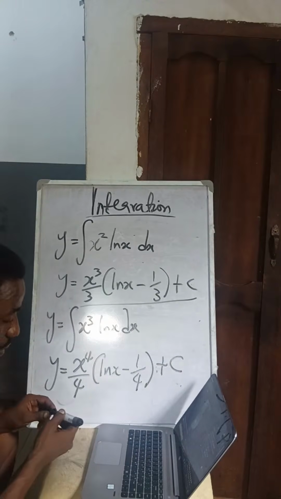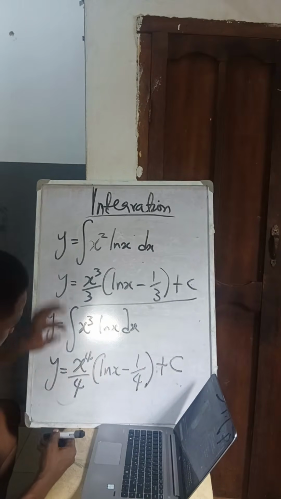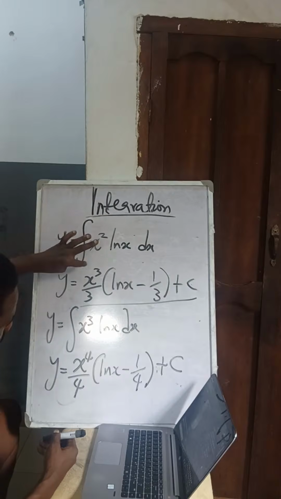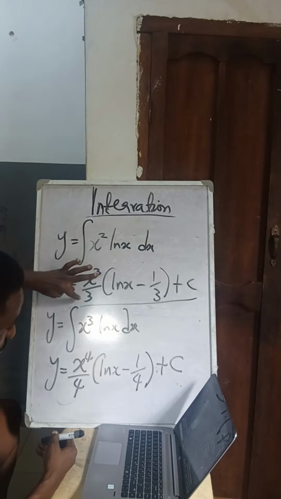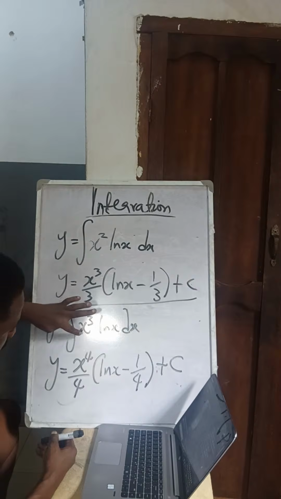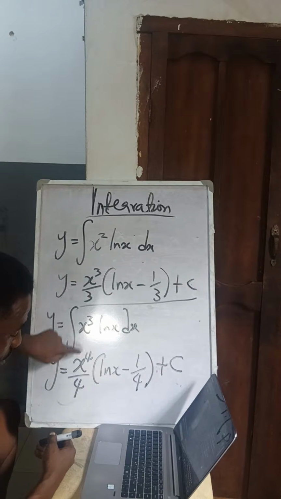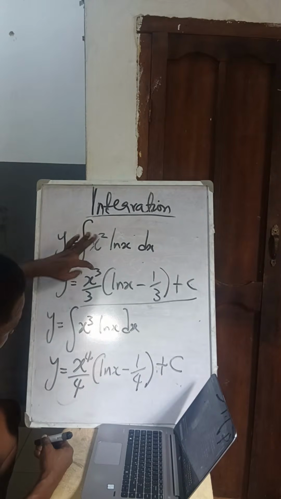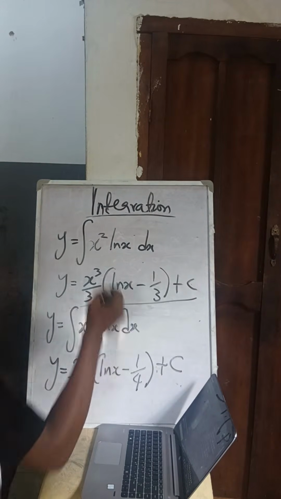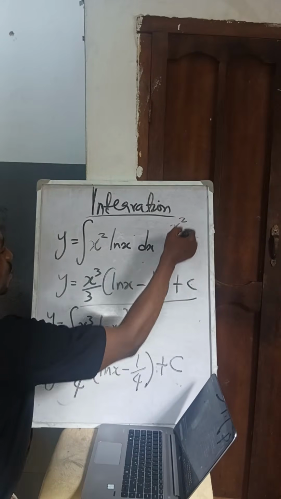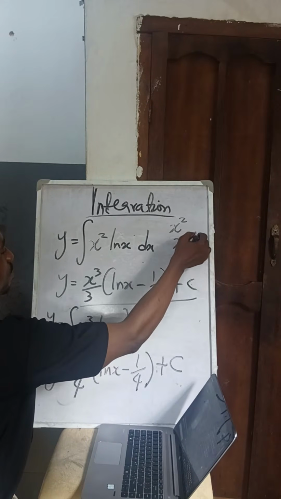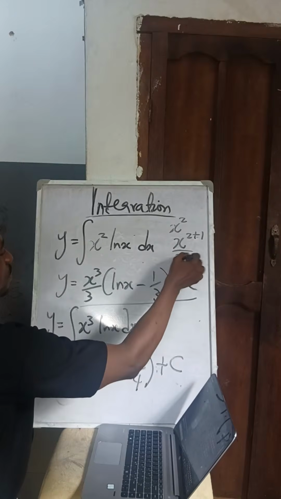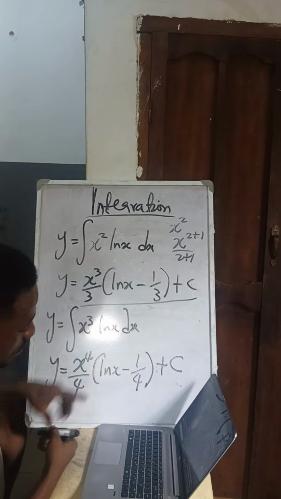Mirabel, look at the second one I did. We have x squared, we integrate it to x cubed over 3. We have x cubed, we integrate it to x to the 4 over 4. How we got x cubed is this: if you are asked to integrate x squared, it is x to the power 2 plus 1 over 2 plus 1. This is how to integrate.